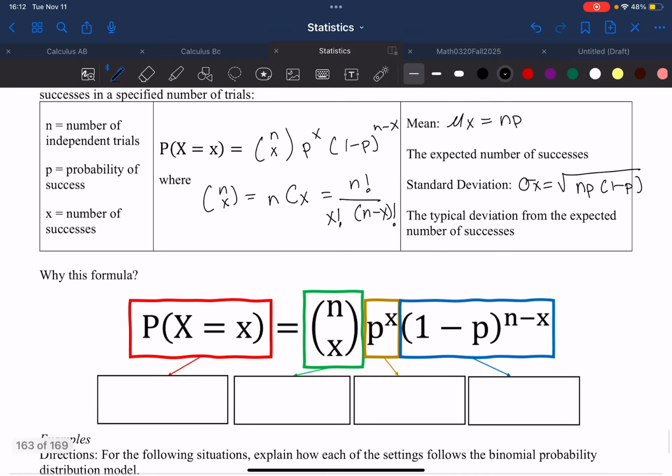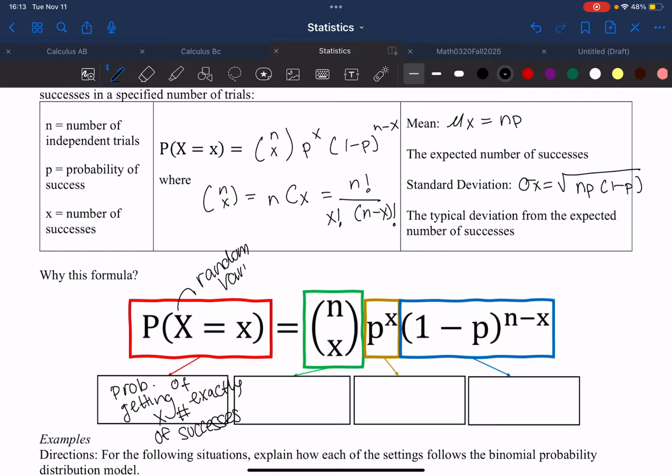So what each of these parts of the formula represent is that the first part is saying the probability of getting exactly X number of successes. Because remember, this is your random variable. This is your number of successes.